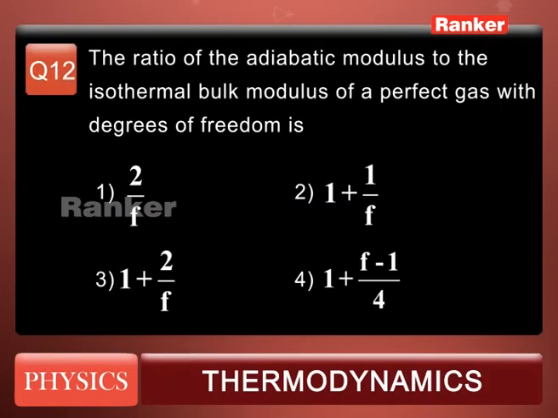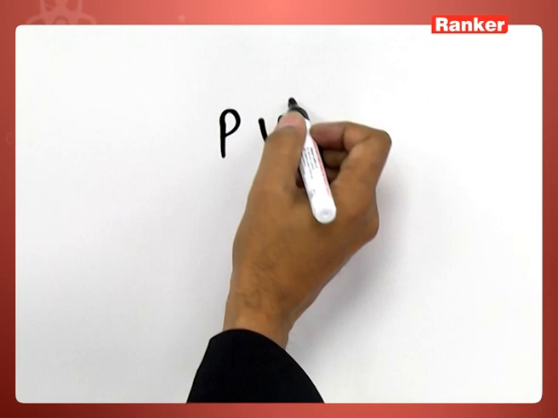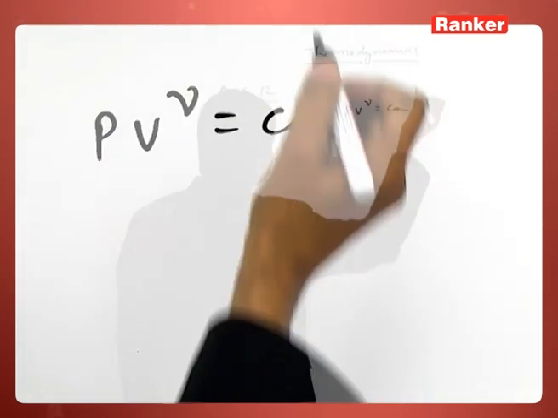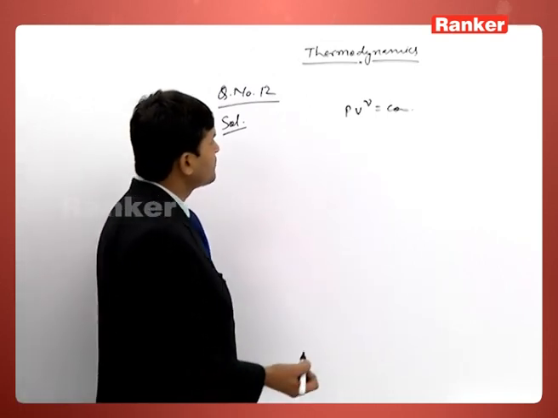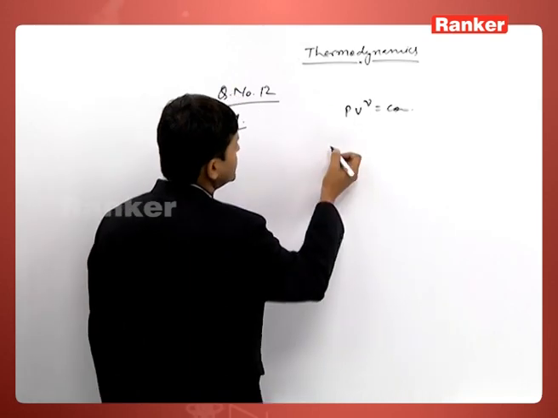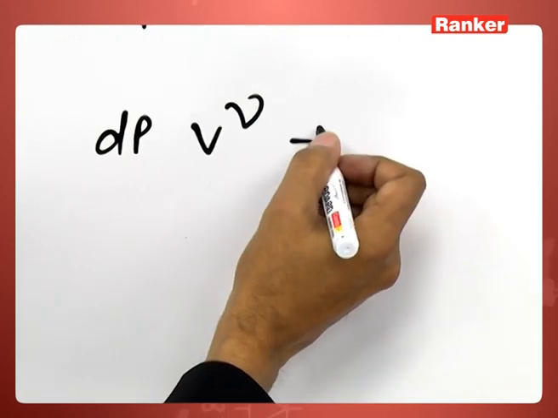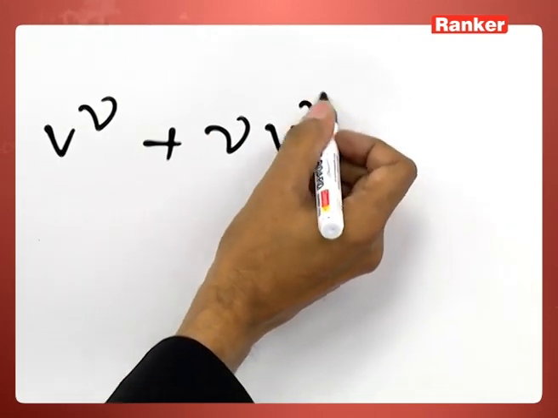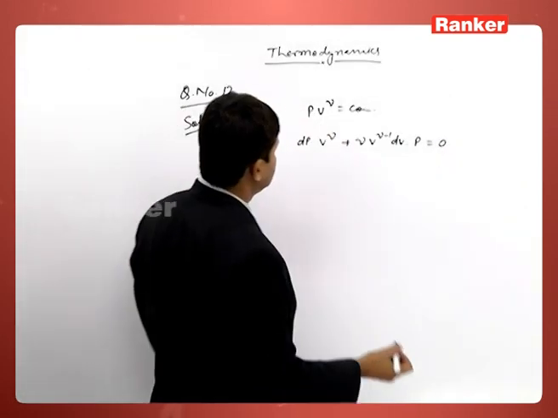Question number 12. The ratio of the adiabatic modulus to the isothermal bulk modulus of a perfect gas with degree of freedom F is. So as we know, the adiabatic equation is PV to the power gamma is equal to constant. When finding the adiabatic modulus, just differentiate: dP V to the power gamma plus gamma V to the power gamma minus 1 dV into P, which is 0.